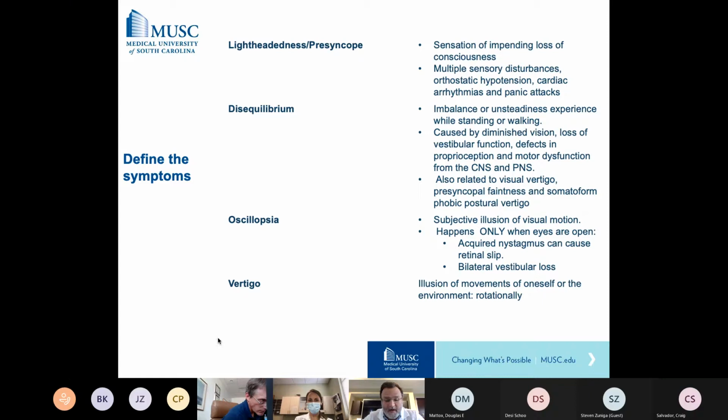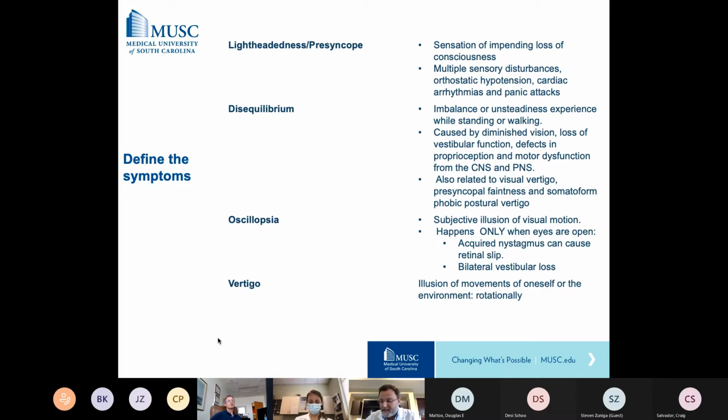When a patient comes to be evaluated for dizziness, your most important job is to get enough of a history to categorize the symptom into those four broad categories. Vertigo is an illusion of movement of oneself or the environment, typically as a rotation, but the broad definition of vertigo is any illusion of movement.